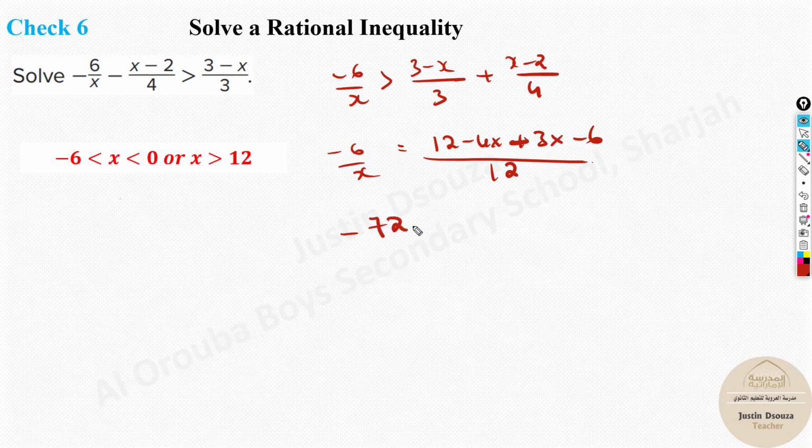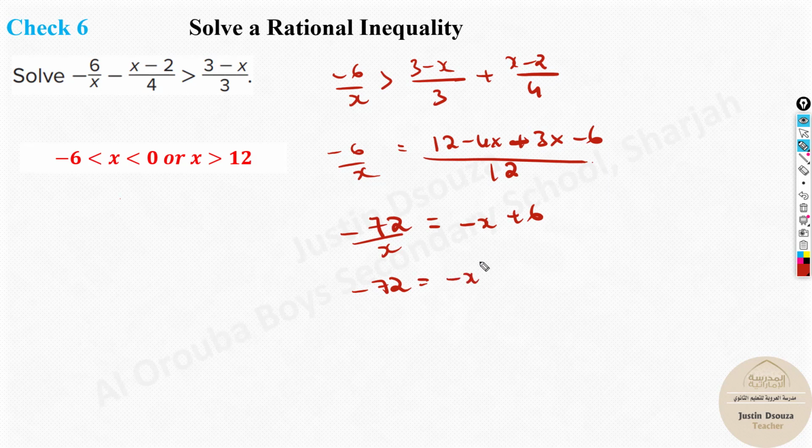Take this 12 to the other side. It will be minus 12 after 60, 72 equals 12x minus 4x squared. Sorry, let me just simplify this here. That will be equal to, let me have this x down itself, minus x plus 6.